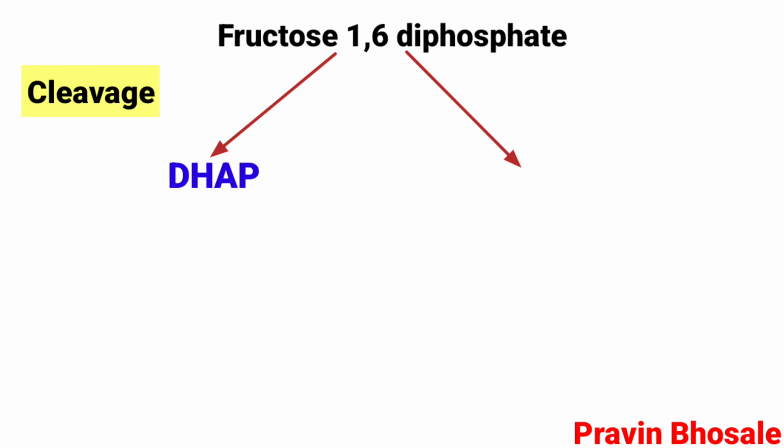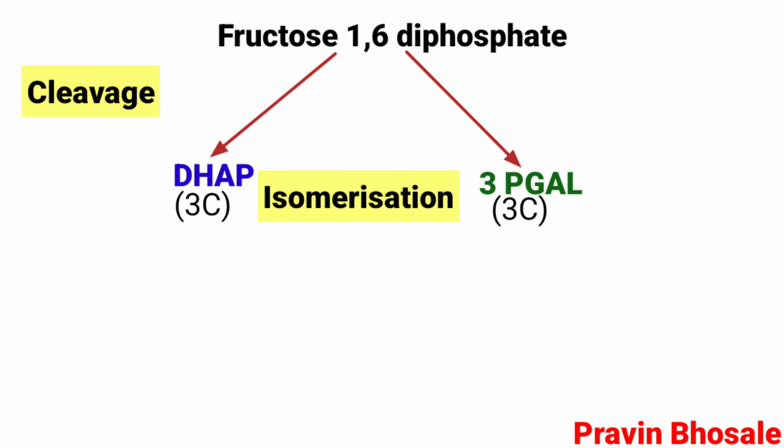These are dihydroxyacetone phosphate, a 3 carbon compound, and 3-phosphoglyceraldehyde, again a 3 carbon compound. Isomerization: 3-phosphoglyceraldehyde and dihydroxyacetone phosphate are isomers of each other and are interconvertible.